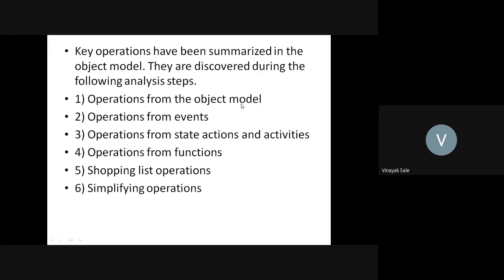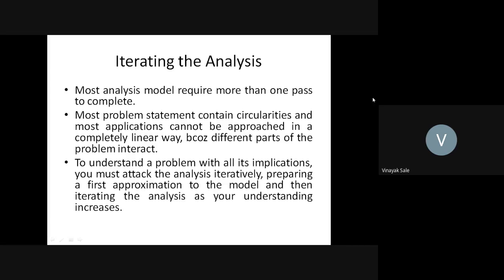First, operations from the object model, operations from events, operations from state actions and activities, operations from functions, shopping list operations, simplifying operations, then iterating the analysis. Most analysis models require more than one pass to complete.